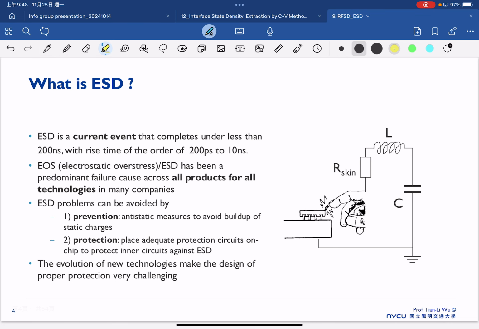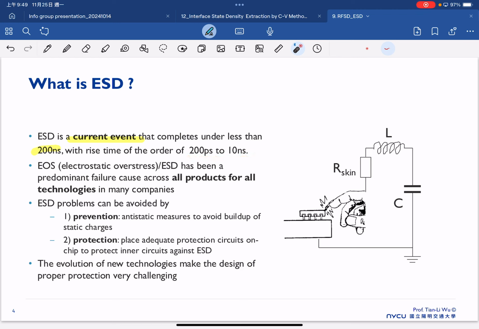So in general, ESD is a current event that completes in less than 200 nanoseconds, and the rising time can be on the order of picoseconds to nanoseconds. So it is a very fast event.